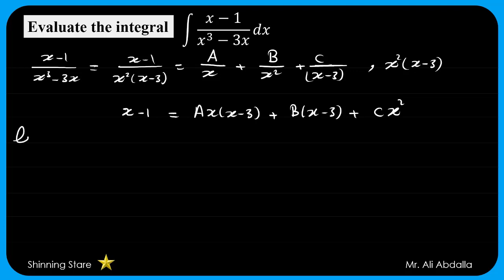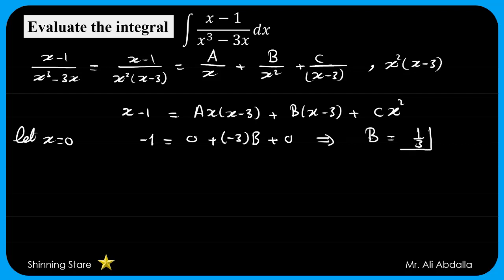Let x equal 0: 0 minus 1 equals negative 1, equals 0 times a, plus b times 0 minus 3 equals negative 3b, plus 0 times c. Then we get b equal 1/3.